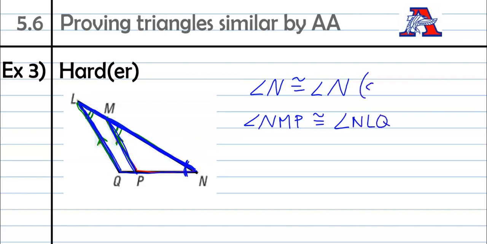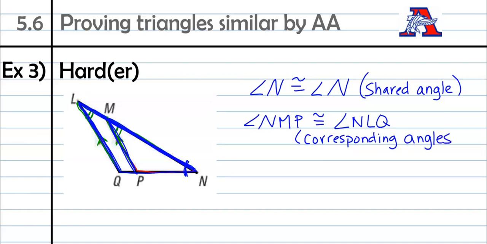So this one was a shared angle, and this one is corresponding angles, which are congruent. I kind of like these. They're kind of a puzzle. You're just looking to find two angles that you can prove are congruent, and if you can, then you automatically know that your two triangles are similar.